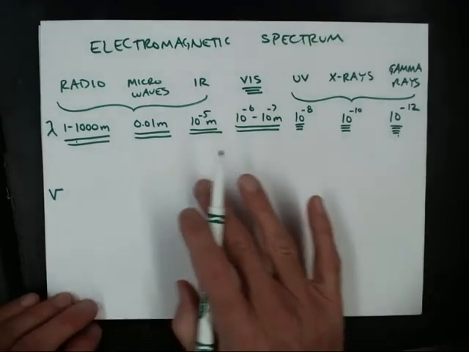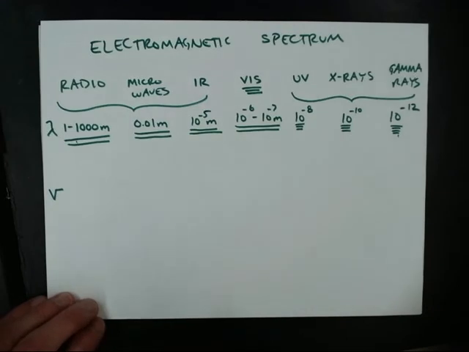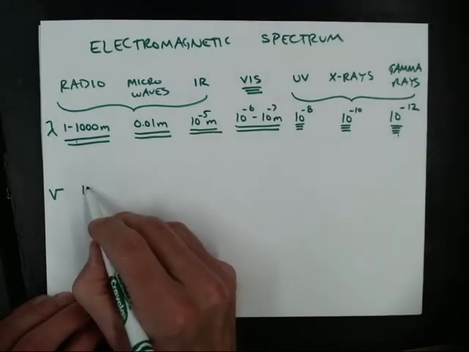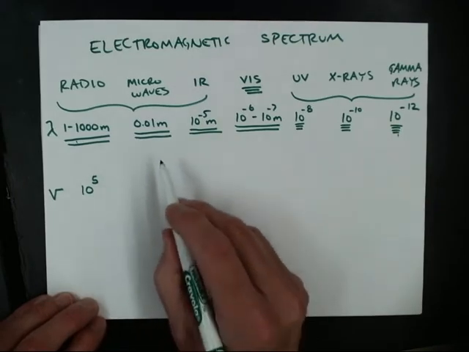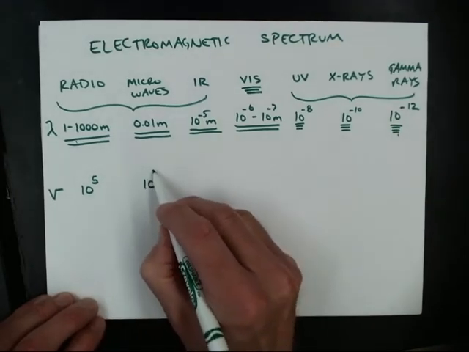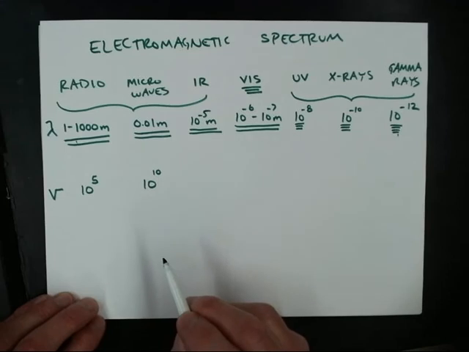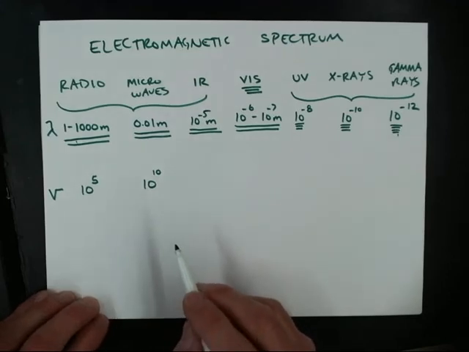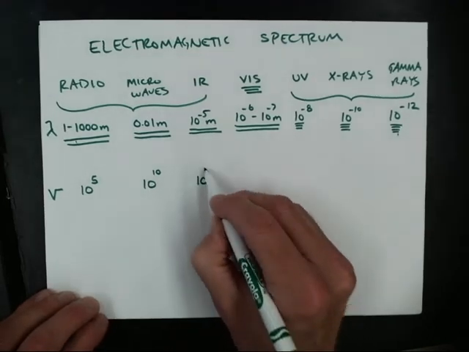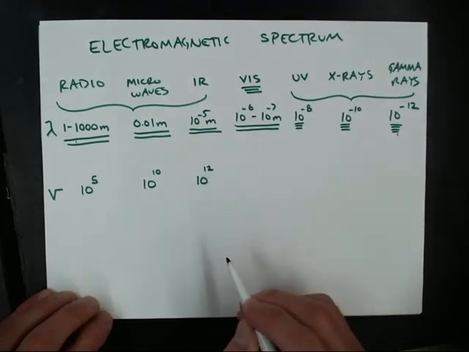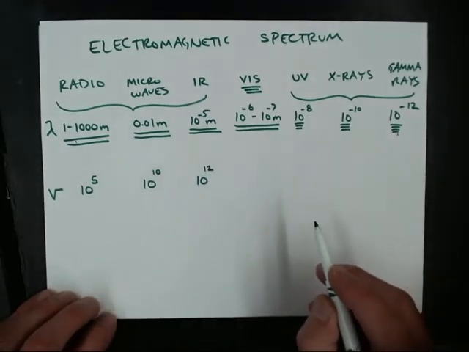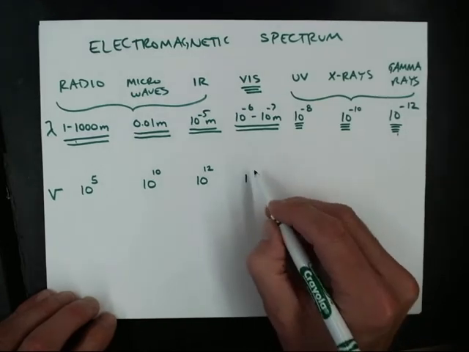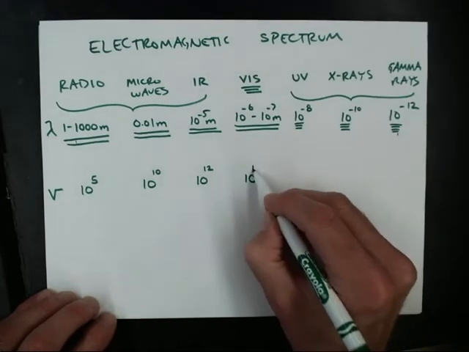In terms of the frequency of these particular different types of light, radio waves vibrate about 100,000 times a second. Microwaves vibrate about 10 billion times a second. Infrared, that's going to vibrate about 10 trillion times a second. And then how fast these light waves vibrate just increases incredibly.